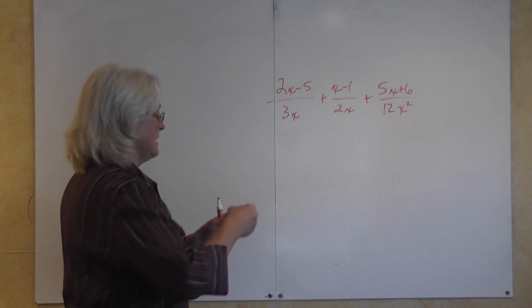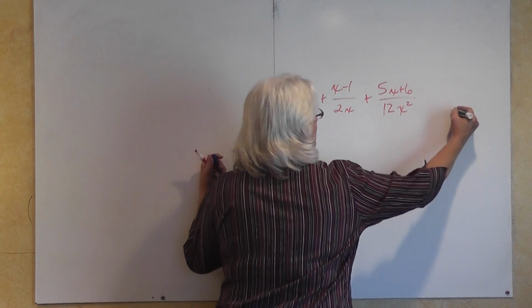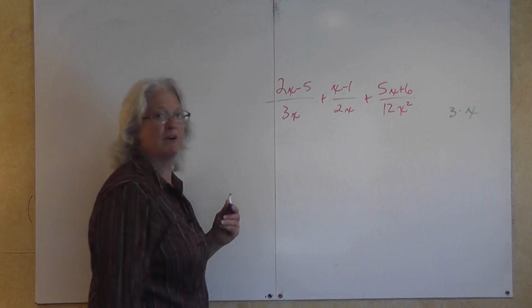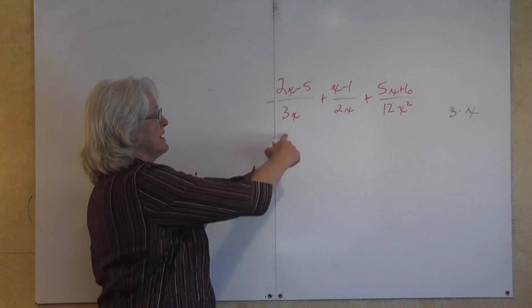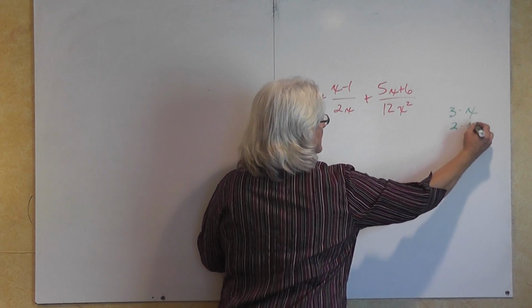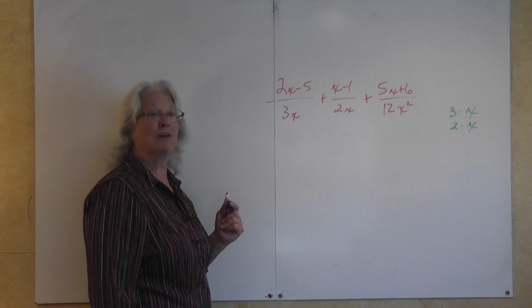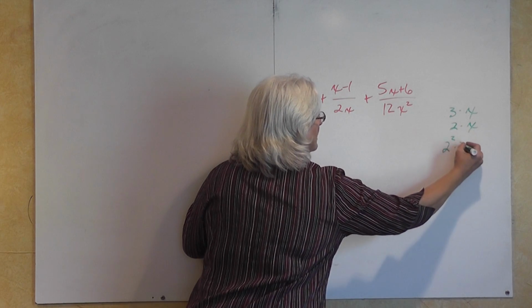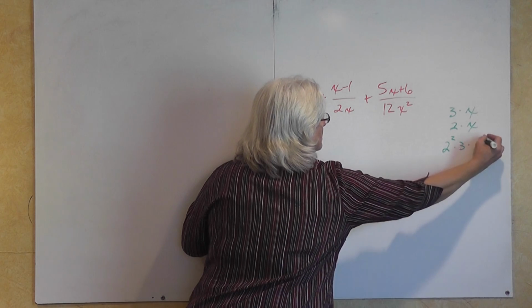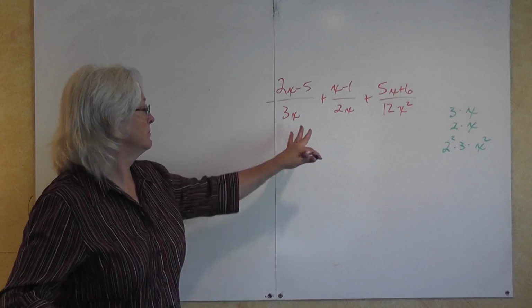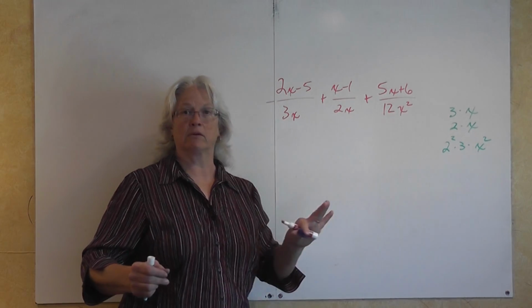We're going to write each denominator in factored form using exponents. 3x is 3 times x, 2x is 2 times x. The prime factorization of 12, 2 squared times 3 times x squared. So we show the prime factored form of each denominator.